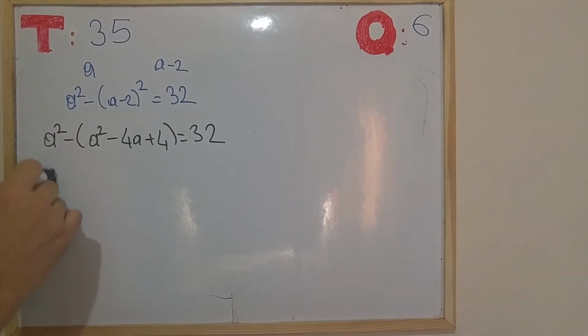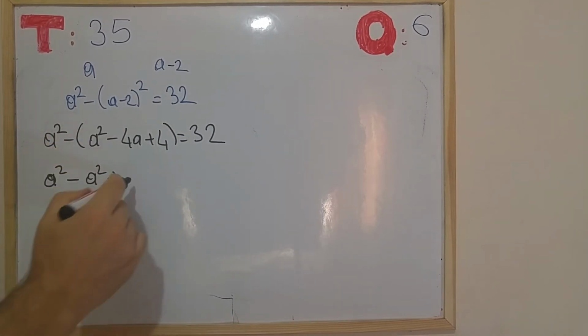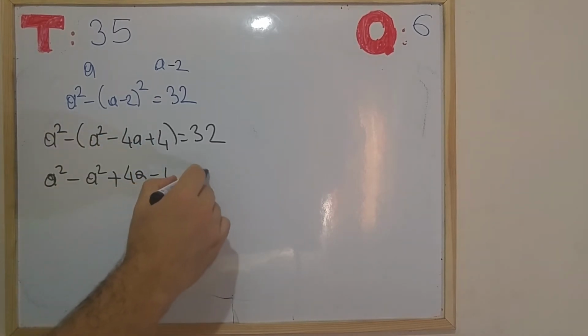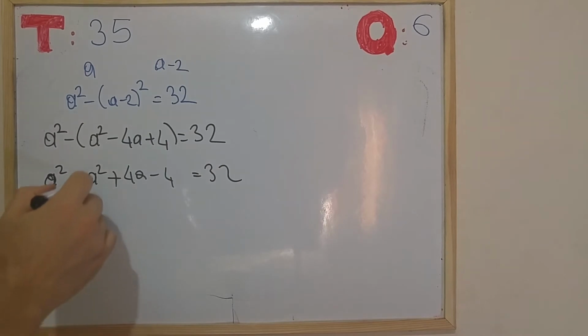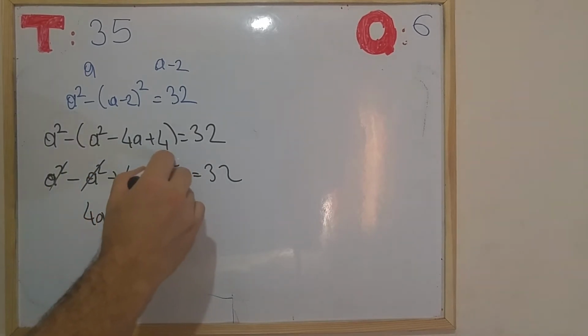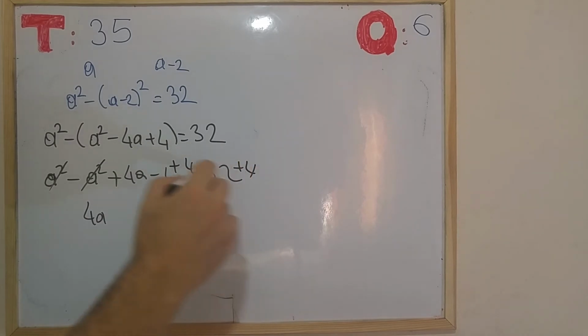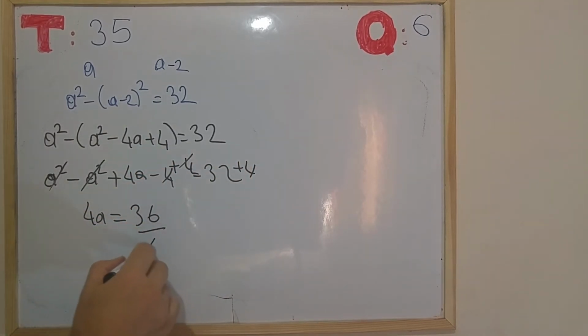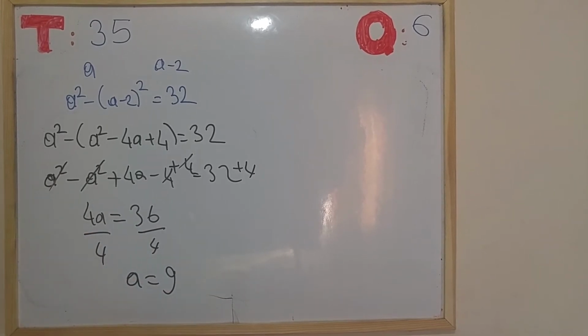Opening the parentheses up, a square minus a square plus 4a minus 4 is equal to 32, and a square is gone. I have 4a. Let me add 4 to each side. 4a is equal to 36. When I divide each side by 4, a comes out to be 9.